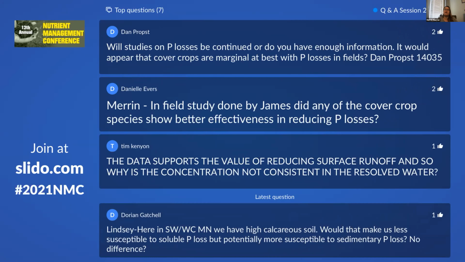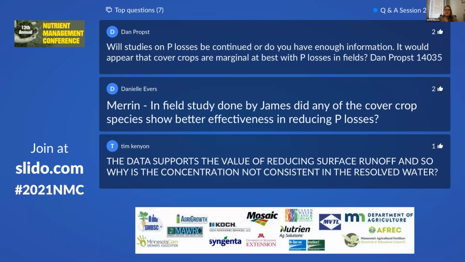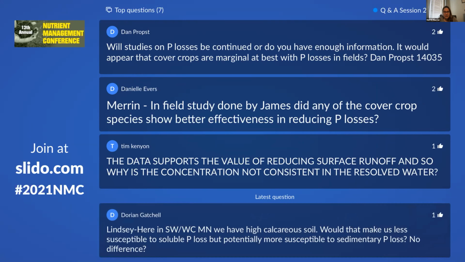And then we've also had opportunities for funding where farmers can apply for some assistance to try cover crops to see if they like it. And I think, yeah, we're working on it. It's just like Lindsey said, just get out there and get that message out there as much as we can.